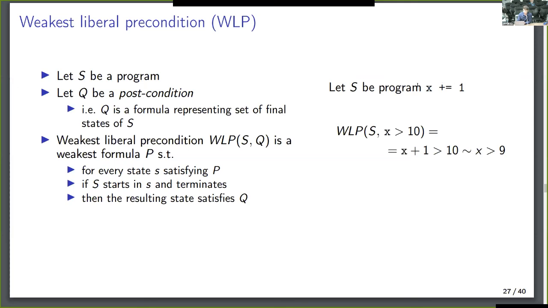Here we have the implicit assignment x is x plus 1. So we substitute x plus 1 into this expression and we get the required result. So x is greater than 10 after increasing its value only if x was greater than 9 before increasing this value. So this is the weakest liberal precondition, and the intuition here is that this is essentially the notion that allows us rolling back the proof obligations through the code.